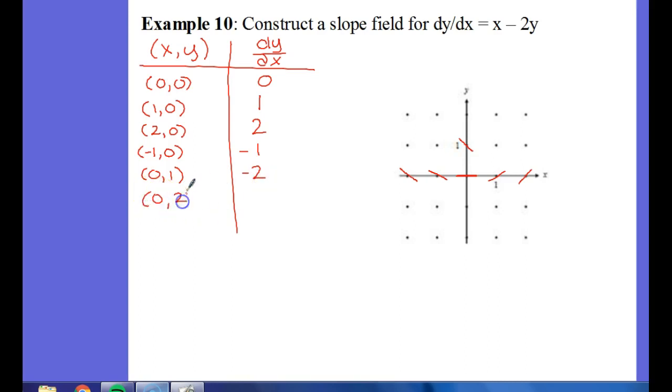If I did (0, 2), it would now be -4, so it's a little bit steeper. (0, -1): now you have two negatives, so it becomes positive. This slope is going to be the same as the slope at (2, 0), positive 2, and this would be a positive 4.